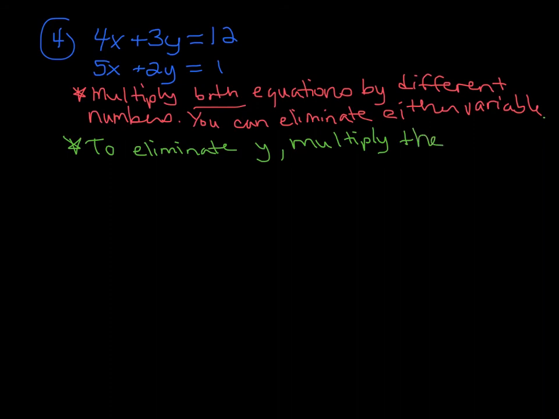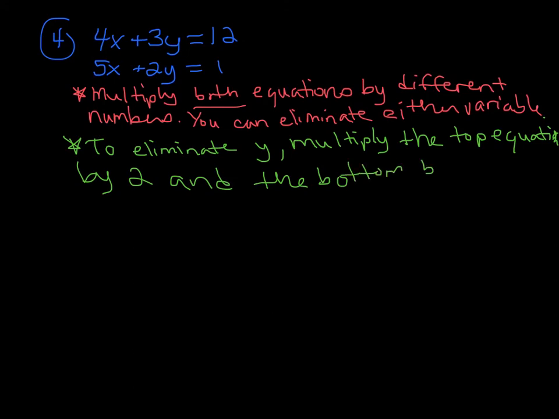So I'm going to multiply the top equation by 2 and the bottom by -3. And when you do that, you will get 6y and -6y.